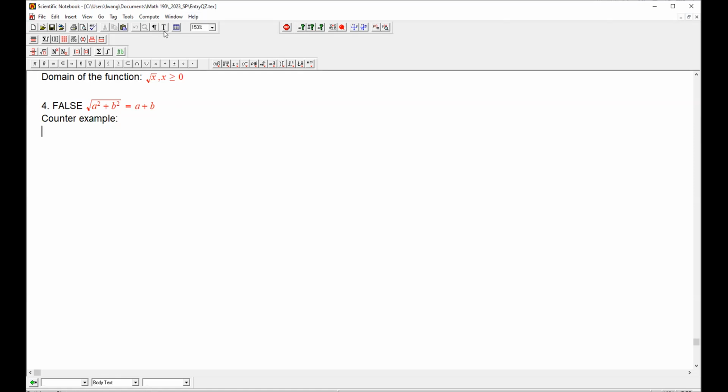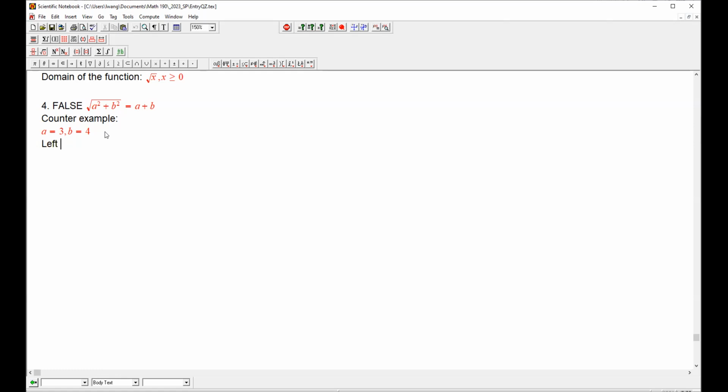Okay. First, say we have A equals 3, B equals 4. I want you guys to understand why these statements are false with concrete examples, so you will not be making those mistakes.